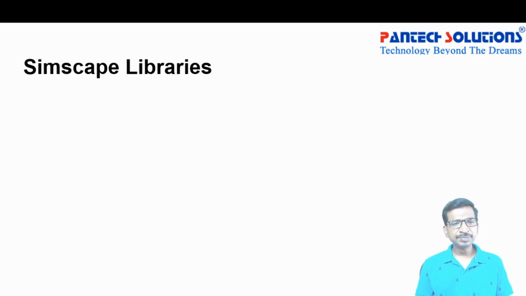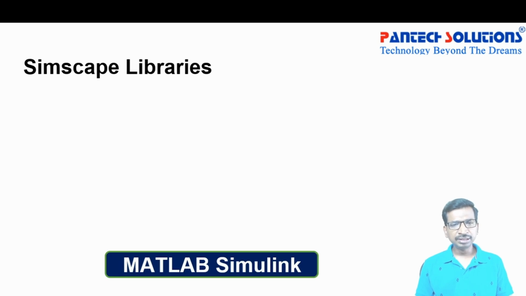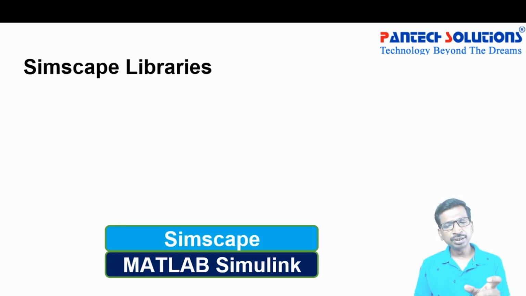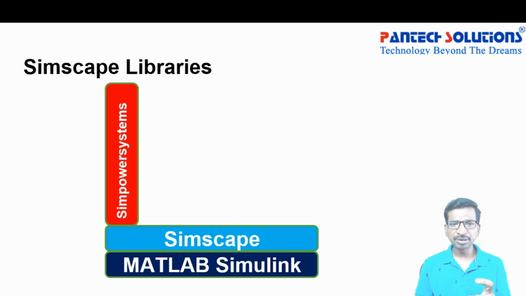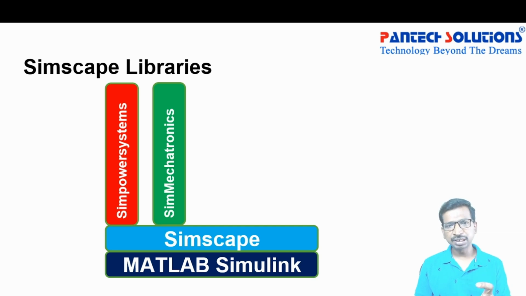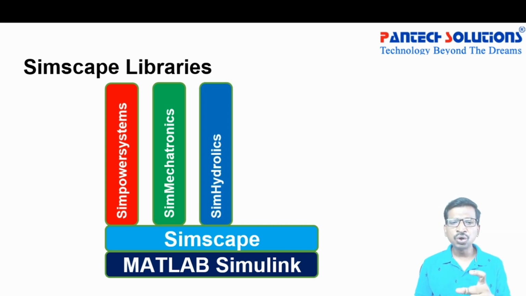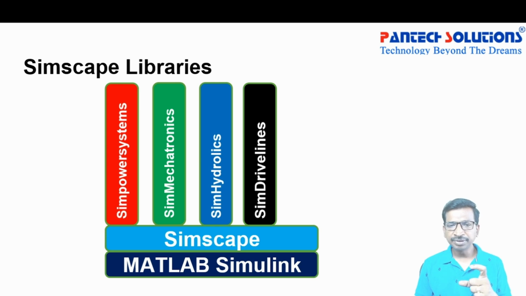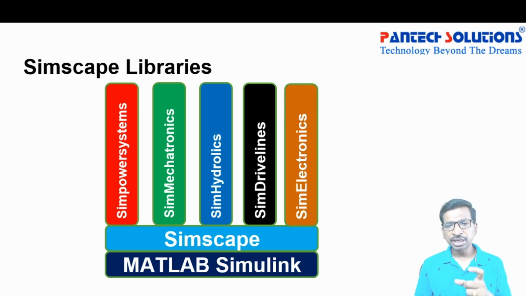And Simscape libraries. From MATLAB you get the Simulink environment, and in this Simulink environment, you get the Simscape library. The first is the Sim Power Systems library, then the Sim Mechatronics library, Sim Hydraulics library, Sim Driveline library, and Sim Electronics library.